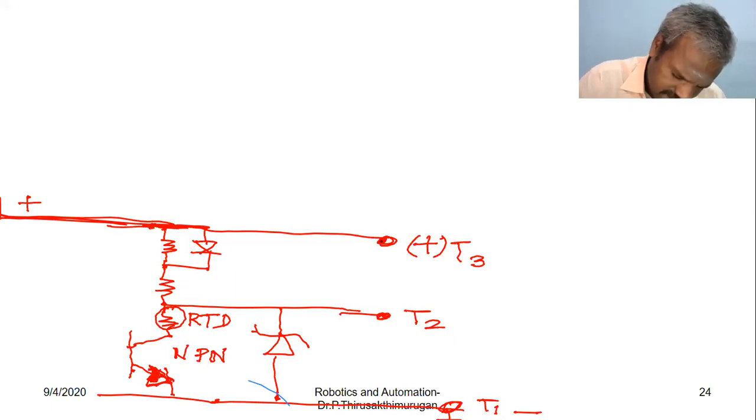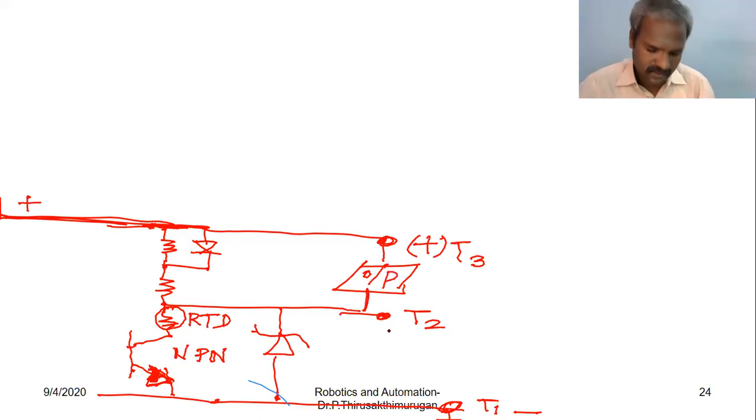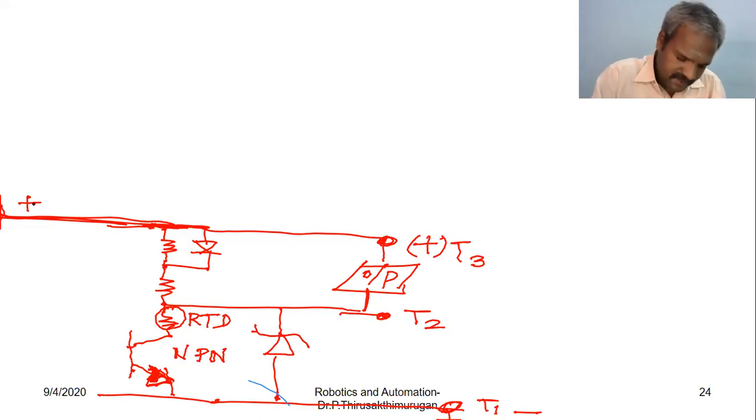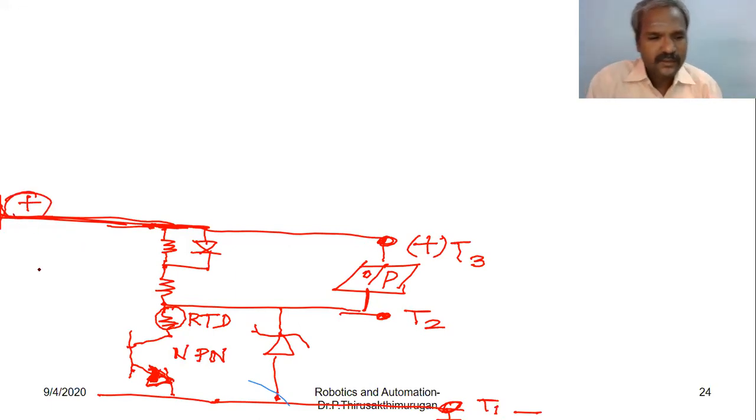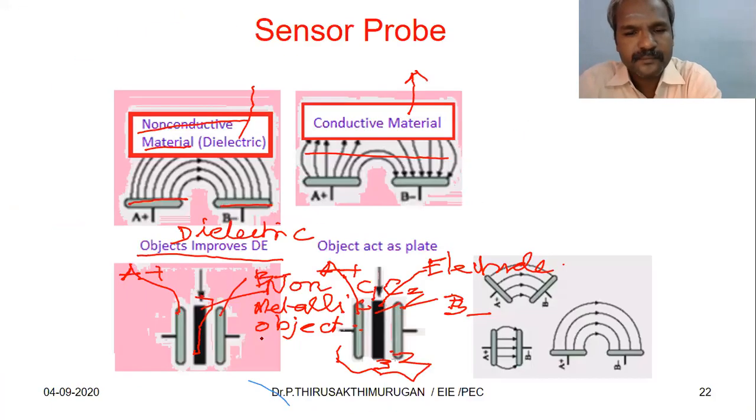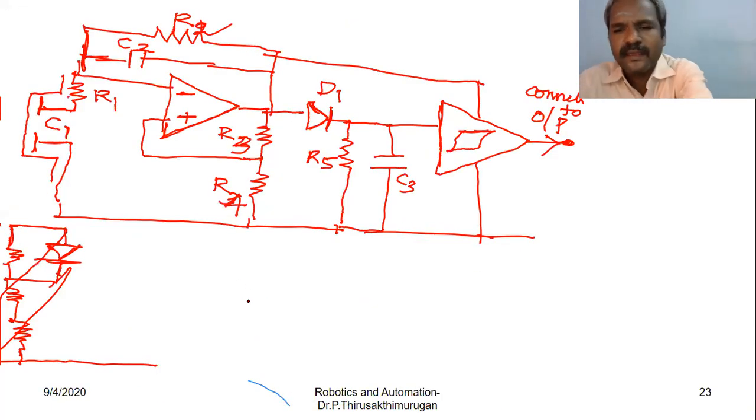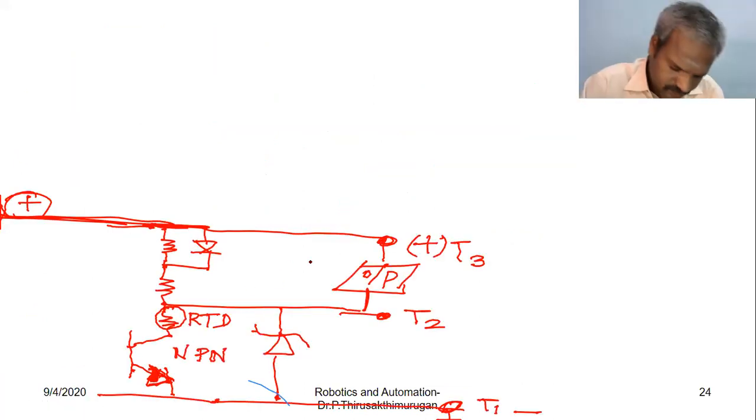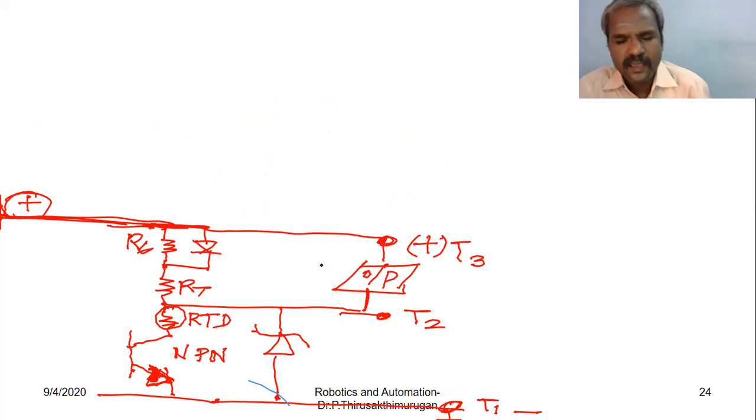The output is connected across T2 and T3. This is the output stage. Please connect this terminal to the previous circuit. Here are R4, R5, R6, R7, and the RTD. This is about the whole circuit.